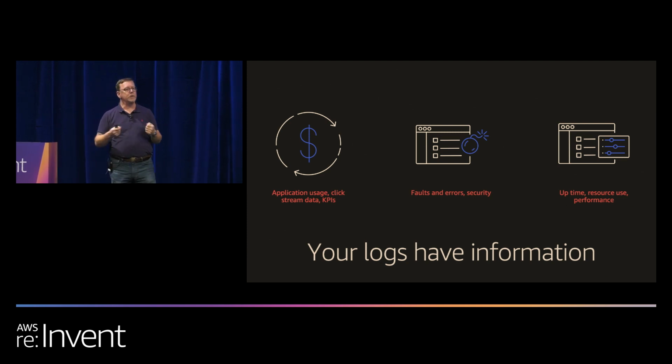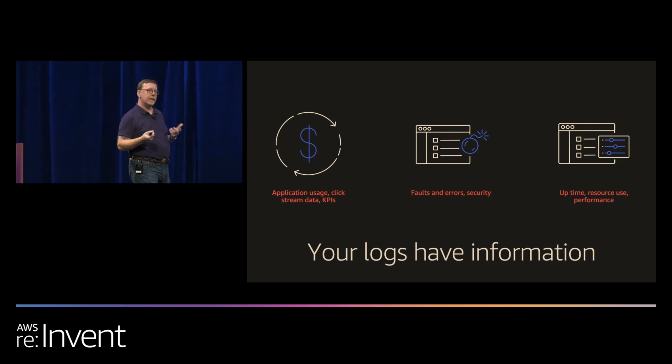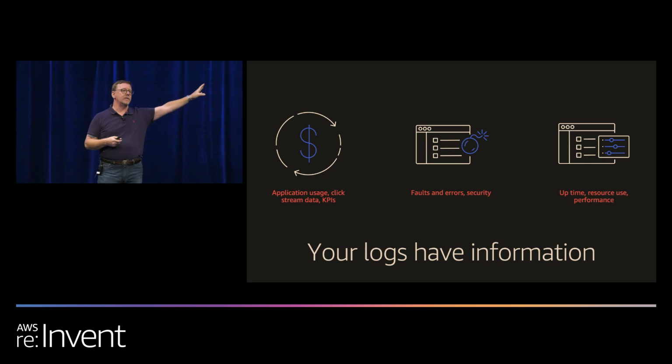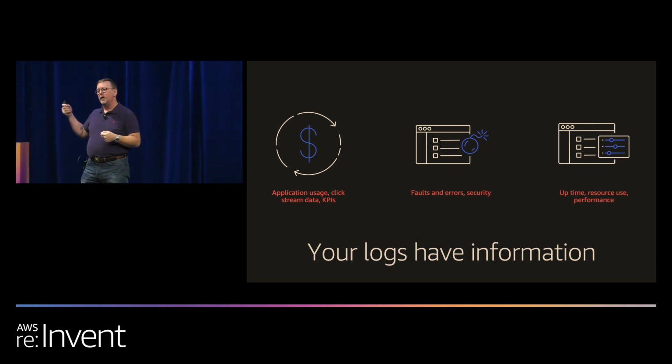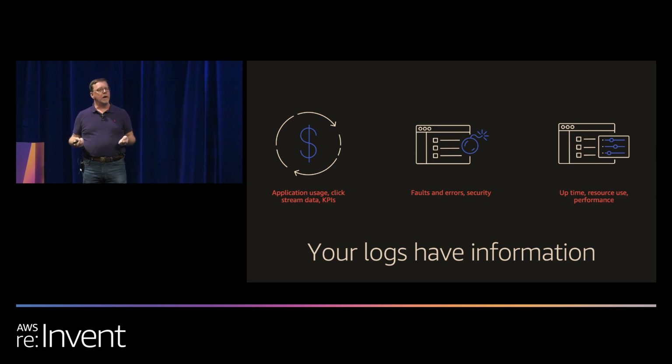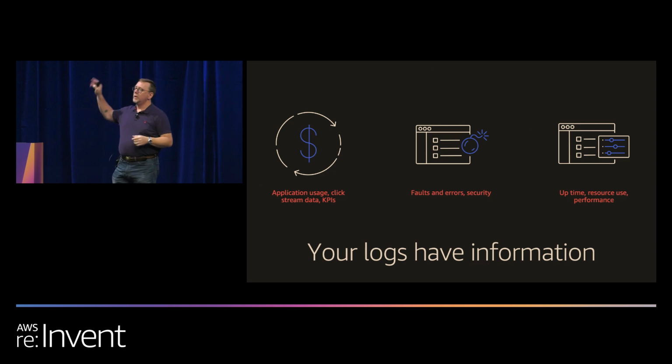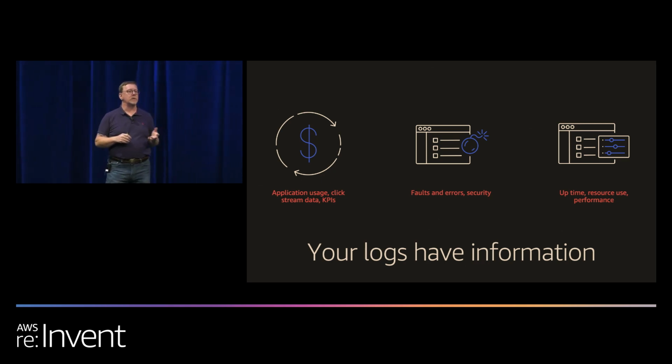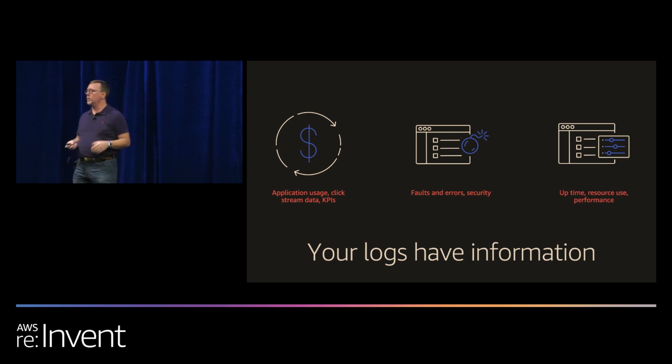You have faults, errors, security information. Again, as I mentioned, if you're throwing tons of 503s, you're going to see that in your logs. If you have fraudulent usage or failed login attempts or denial of service, all of that's going to show up in your logs. You also have your uptime, your resources, to make sure that your application is functioning within the specs that you want it to function in.